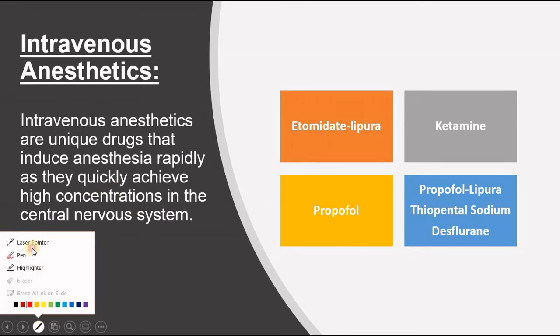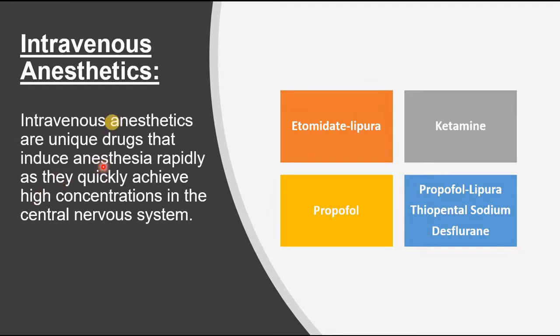So in this slide it is mentioned that intravenous anesthetics are generally given inside the veins. Intra means within, venous means veins. So these are the type of anesthetic drugs which are given in the veins, and they quickly achieve high concentration in our central nervous system.